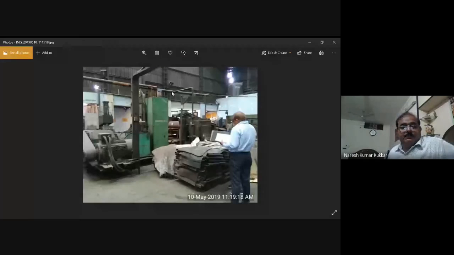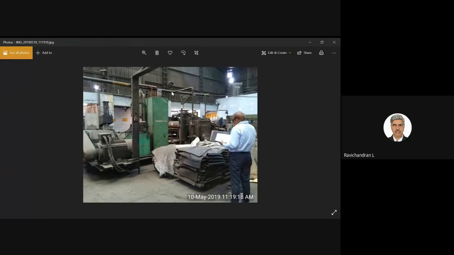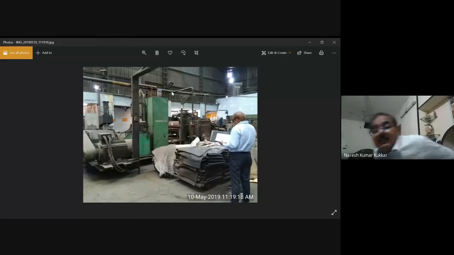Now this is a picture of a tire factory. Is the picture visible? It is, sir. See here, layers of rubber lying in front of me.